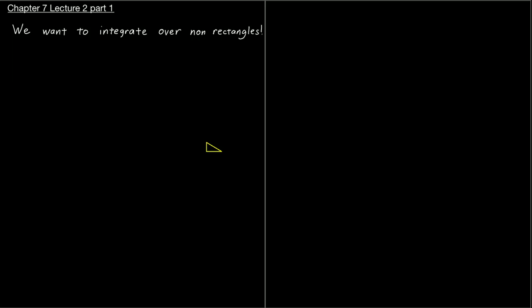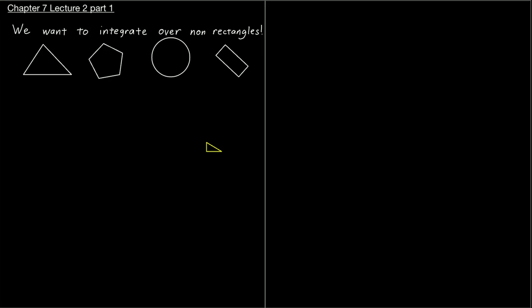You might want to integrate over a triangle or a pentagon or a circle, or you might even want to integrate over a rectangle, just one whose sides aren't parallel to the coordinate axes. So we're not going to be able to prove that you can integrate over arbitrary regions.